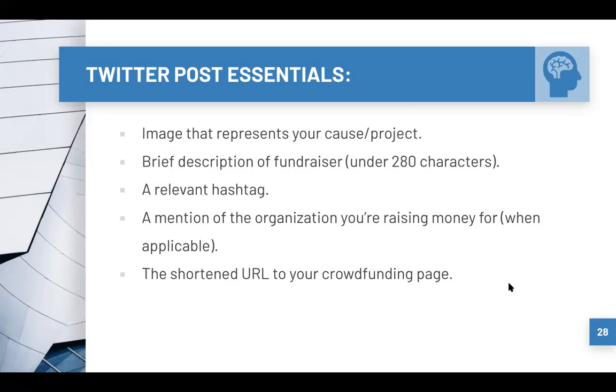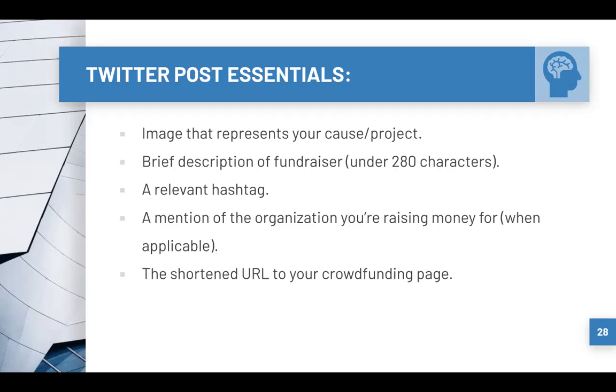You can also post about your stuff on Twitter if your club has a Twitter account. Again, you want to have an image that represents your cause or your project, and a brief description of the fundraiser. Twitter obviously has a limit of under 280 characters.